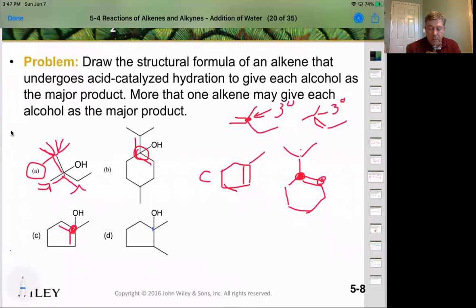If we want the tertiary carbocation to be here, we can't have the double bond in between, because this would also give a tertiary carbocation. If this gives a tertiary carbocation, that means it can be in either one of these spaces. But if we have the double bond over here, this is our tertiary double bond, so this would only give our tertiary product. And actually, it looks like this molecule might be symmetrical, so we might get it either way.